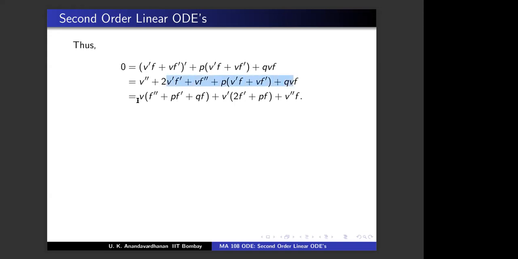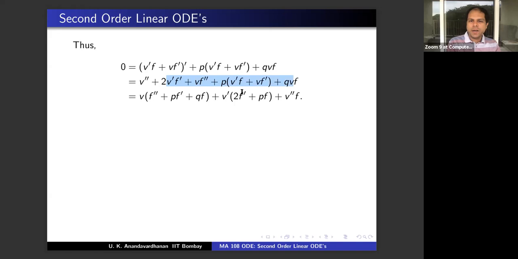Now I have taken v as common factor: v times qf here, v times pf prime here, and v times f double prime here. So v times this plus v prime times (2f prime plus pf) here, and v double prime f. The missing f I have written here, so the typo is in this line only.